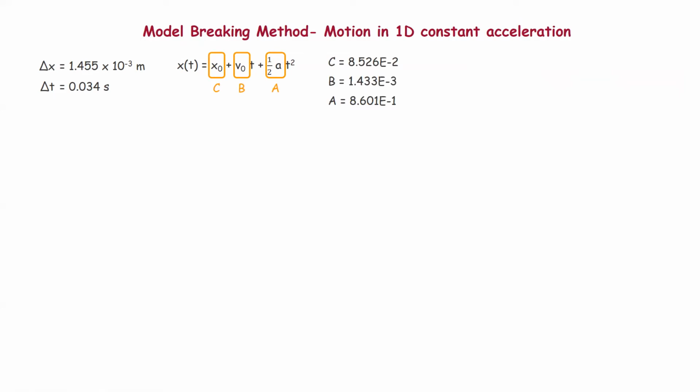Looking at these parameters A, B, C determined by Tracker, we figure out that the initial position is 8.526 times 10 to the minus 2 meters, and the initial velocity of the cart is 1.433 times 10 to the minus 3 meters per second.